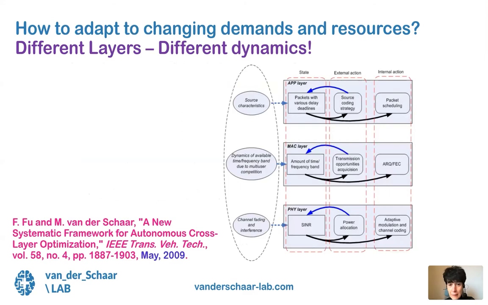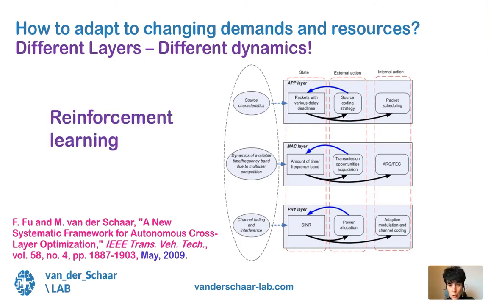So we have different layers of the protocol stack. I'm just highlighting here 3 layers, but the reality is that all the layers of the protocol stack can be involved. And every layer faces its own dynamics and has its own actions it needs to select.